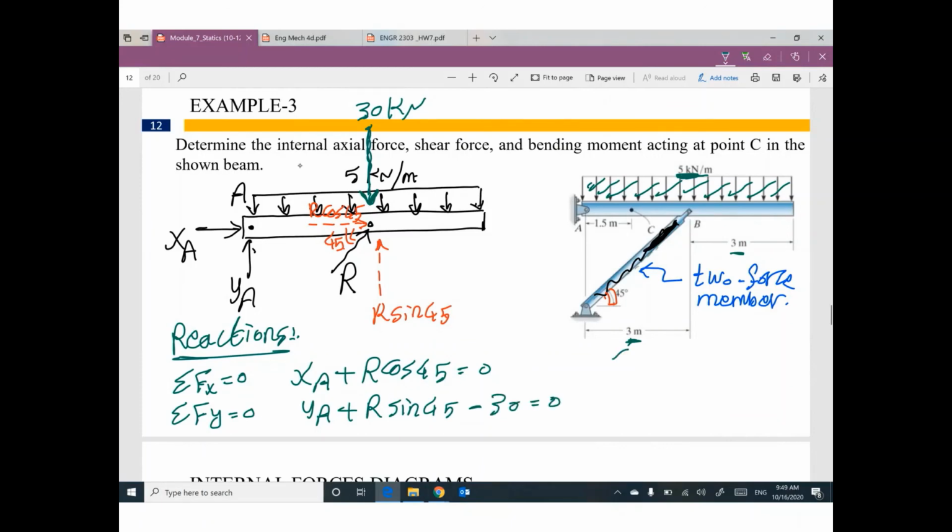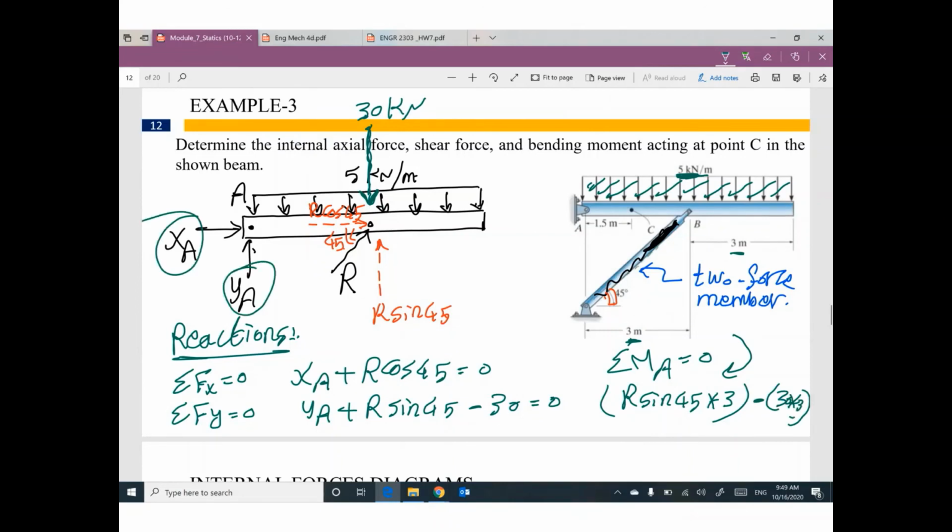Take moment at A equals 0. Assume this direction is positive. So we have R sine 45 times 3 minus 30 times 3. I assume this one and this one will be cancelled. The only unknown in this equation is R. So R value will be 42.42.